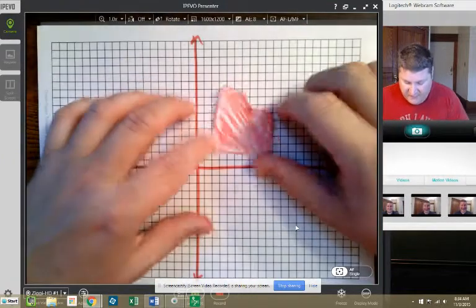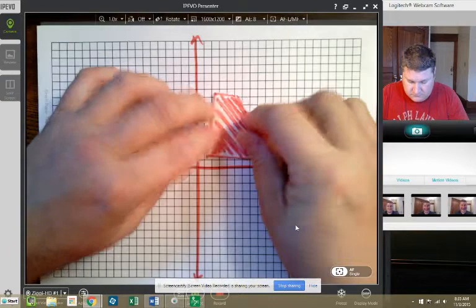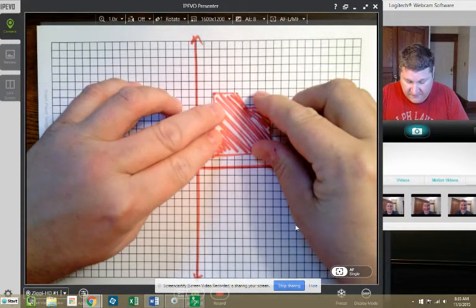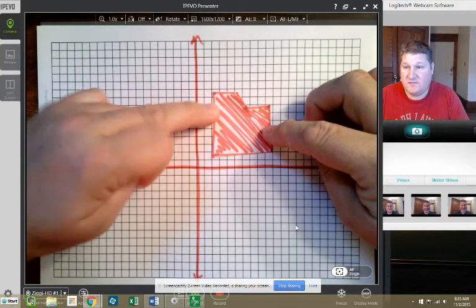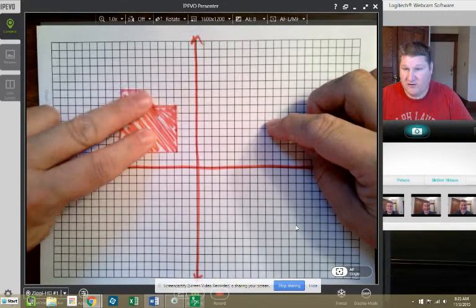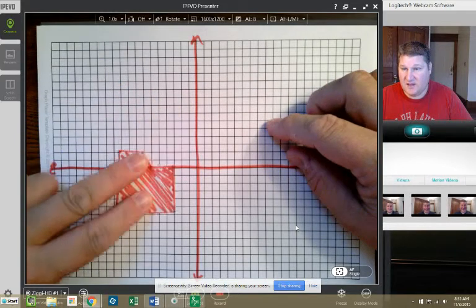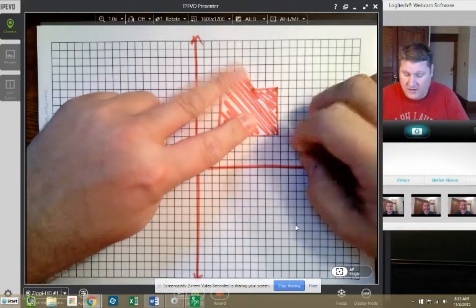So if I have my shape right here, this little shape, and I put him on my graph, I can find the coordinates of each of the corner points for this little shape. Now, using that, I can do a transformation, and I can slide it. I can even do multiple transformations. You'll notice it's still oriented the same way.